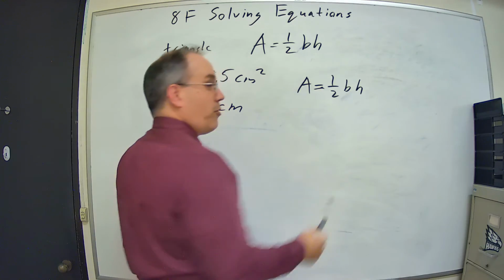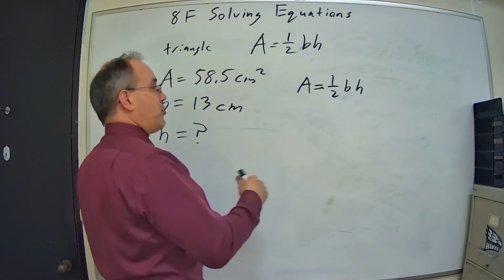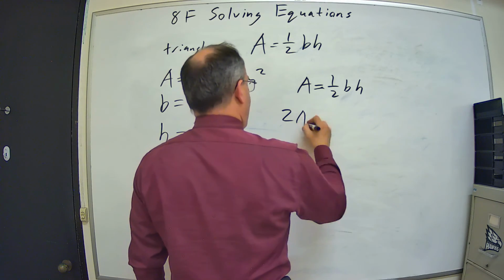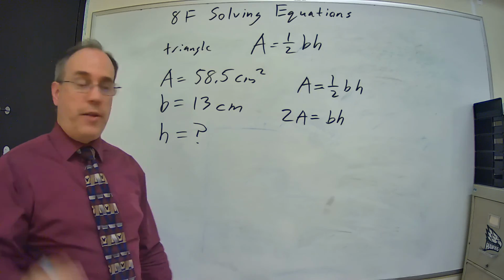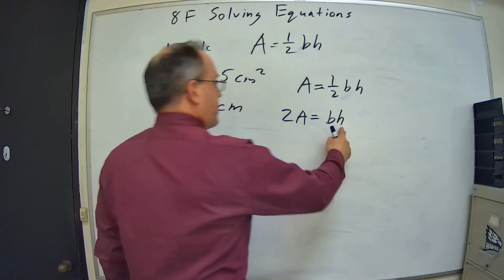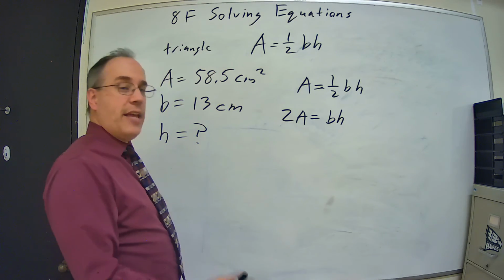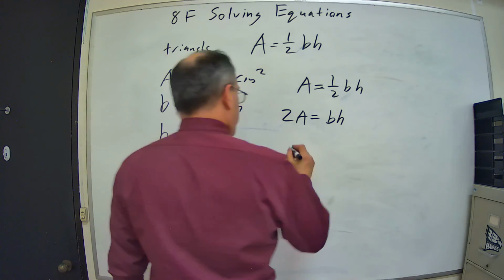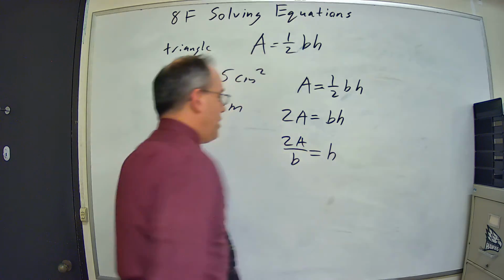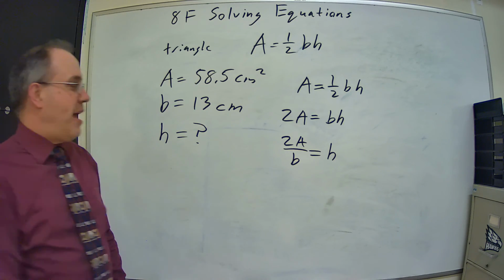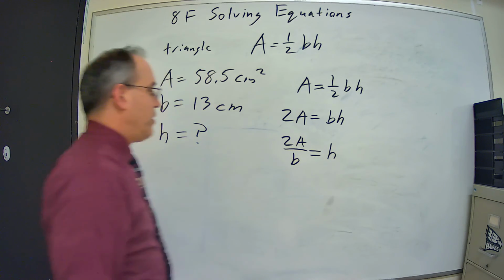So the reciprocal of 1/2 is 2, so I multiply both sides by 2 and I get 2A is equal to b times h, because 1/2 times 2 is 1. I want to get h by itself, which means I now need to divide both sides by b. So 2A divided by b is equal to h. And I now have h by itself.